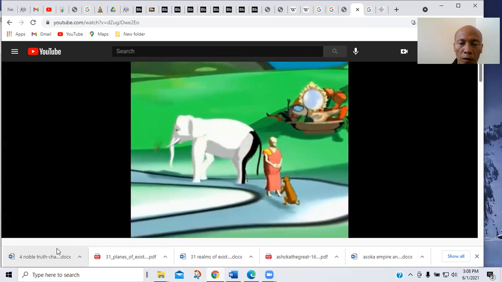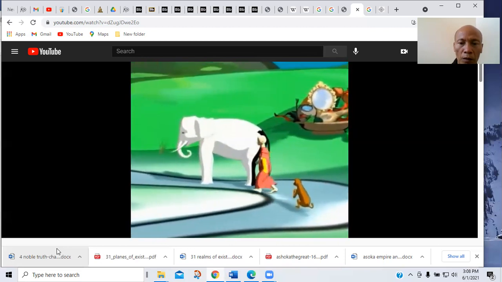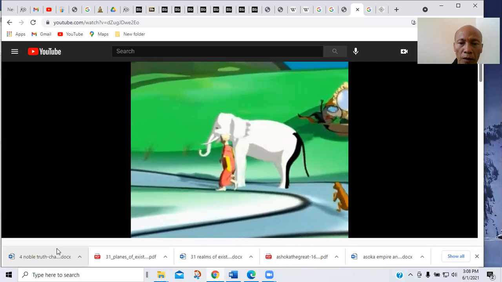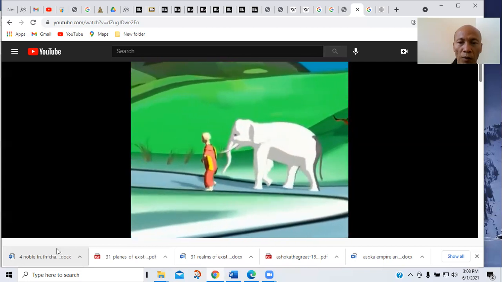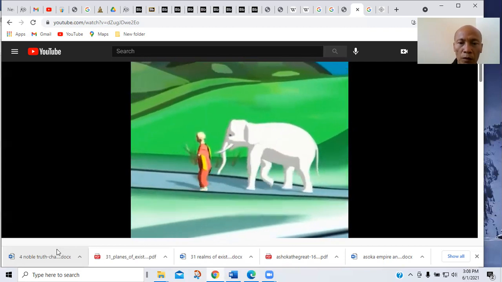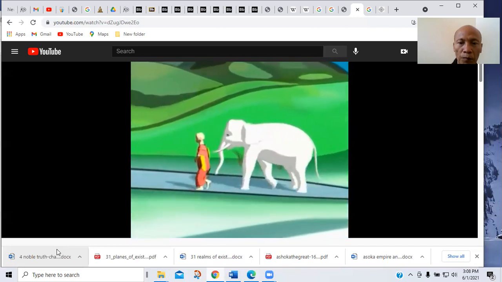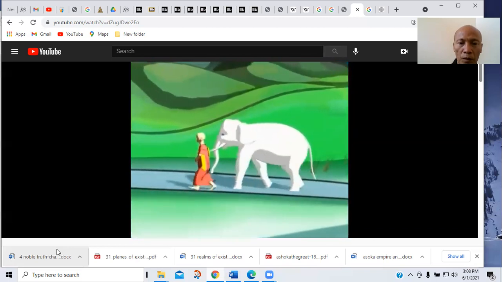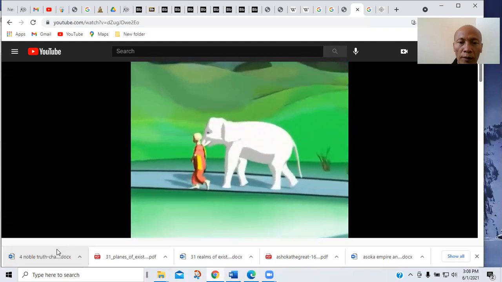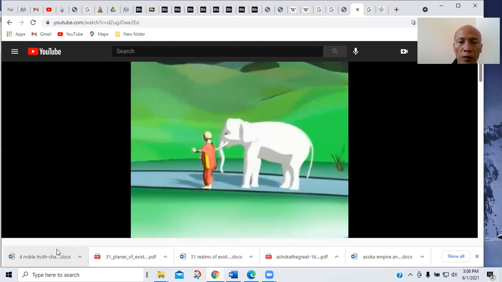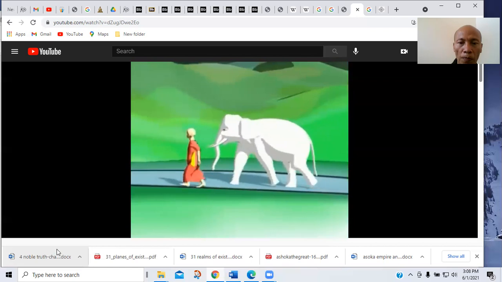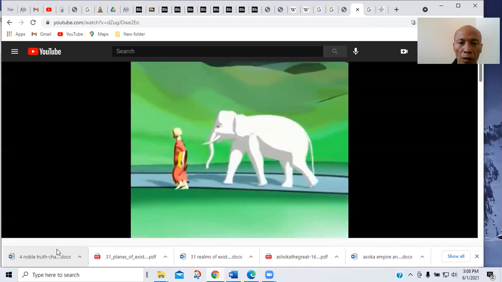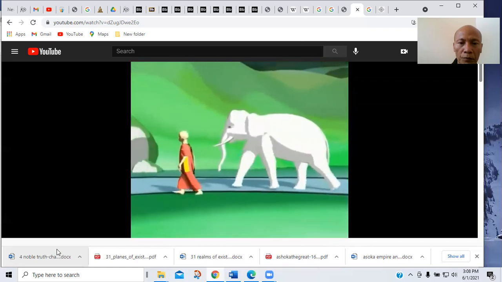And he leaves the monkey behind. That means he could control his monkey mind. Now his conduct is completely pure. It's a symbolic way that he led his white elephants on the path.